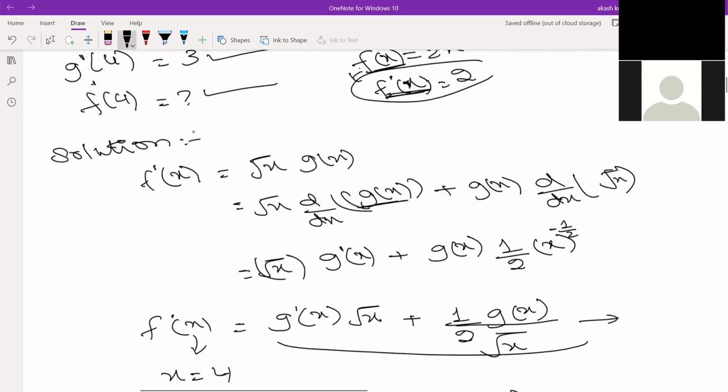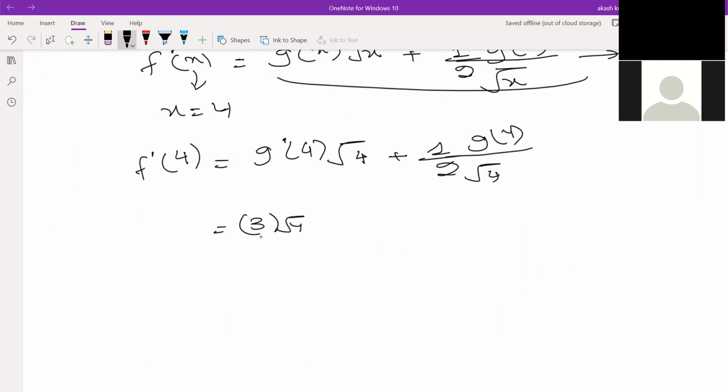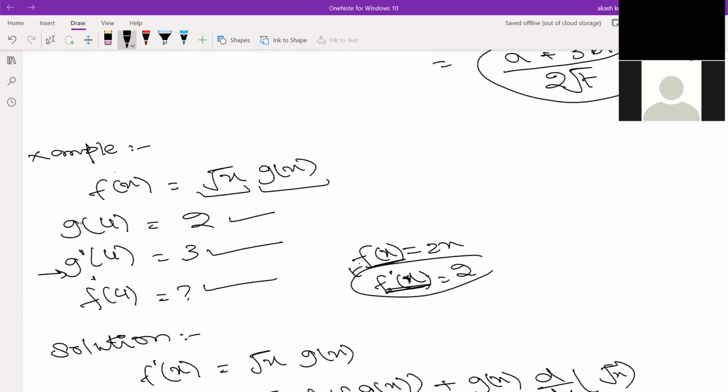I was talking about g dash of 4 that was given to us, which is 3. We just substituted its value and then multiplied it by square root 4. Then there's a plus sign, half square root 4 and g of 4. The value of g of 4 is 2, right?